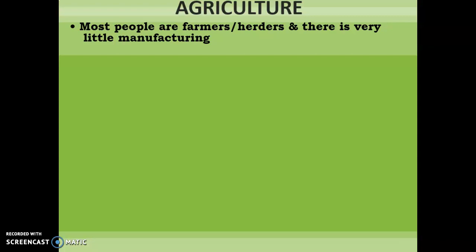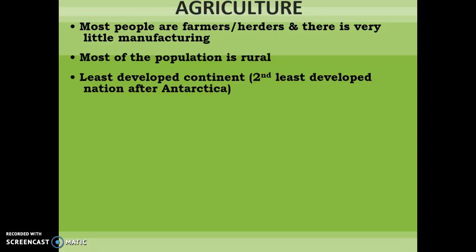There's also very little factories or manufacturing in Africa. There are industries, but they tend to either relate to the natural resources or something relating with the items that they have available in Africa. Most of the population lives in the country or is rural, not living in a large city.